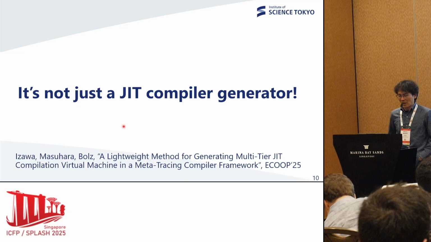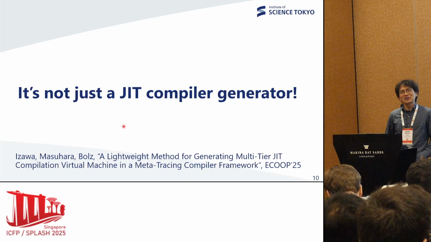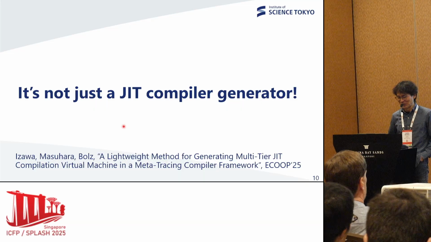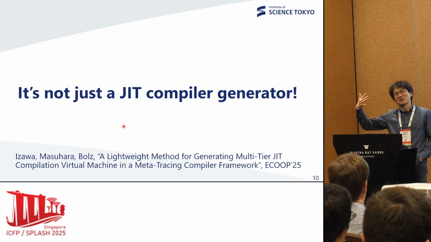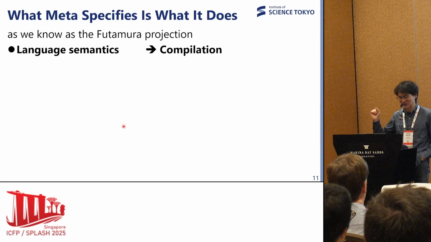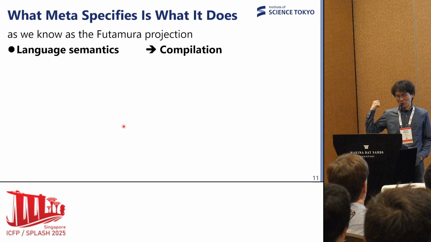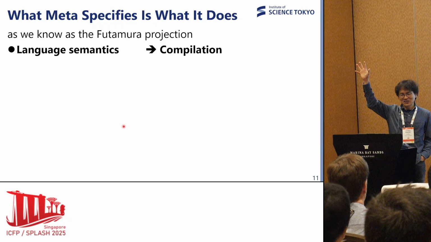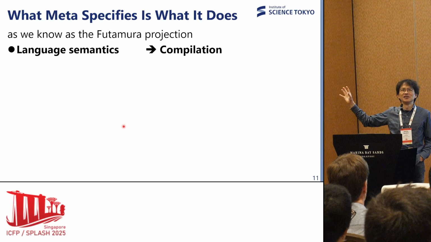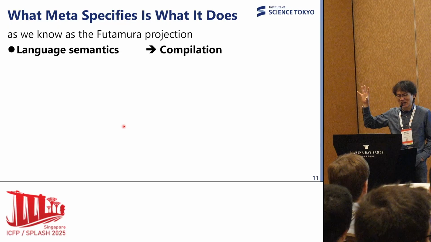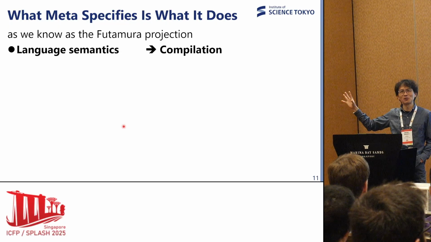What I have shown you is that a meta-tracing JIT compiler can compile programs, so it generates JIT compilers, but it can do more than that. As I have shown, if we give the language semantics as an interpreter, then the meta-JIT framework can generate the JIT compilers.